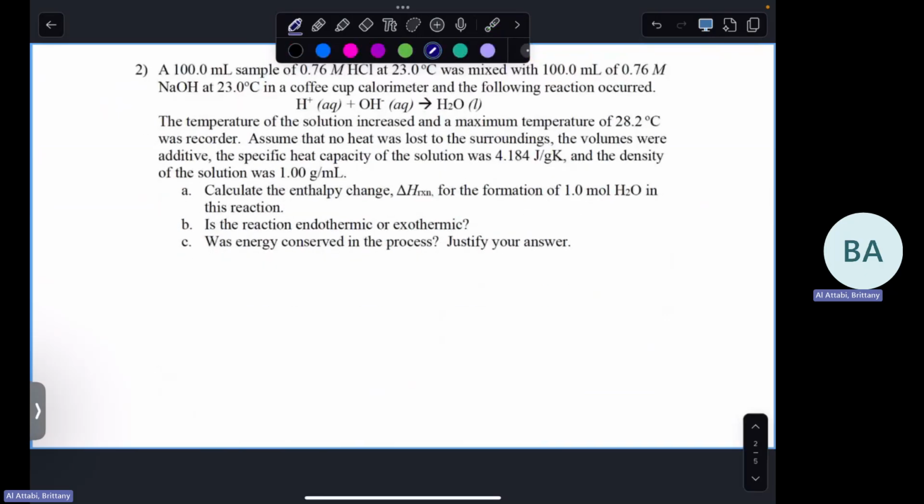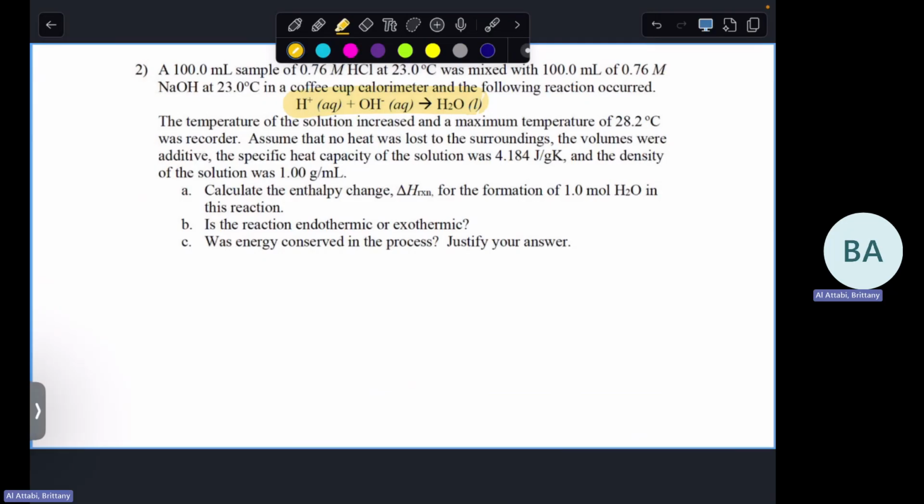Okay. So here, I have a 100 milliliter sample of 0.76 molar hydrochloric acid at 23 degrees, and I'm mixing it with a 100 milliliter sample of 0.76 molar NaOH at 23 degrees. The reaction is a 1-to-1 reaction where the hydrogen off the HCl interacts with the OH off of the NaOH and makes water.